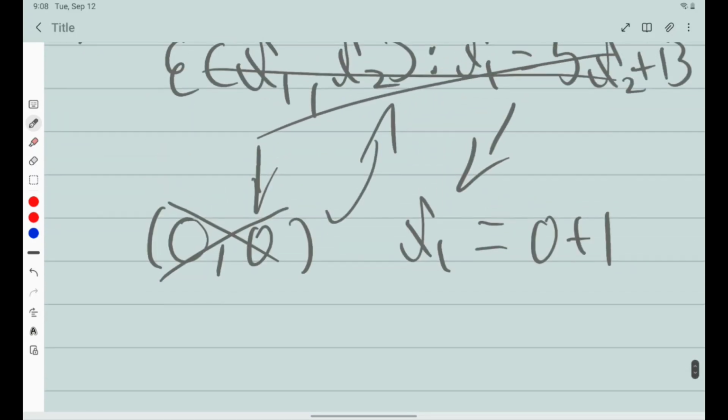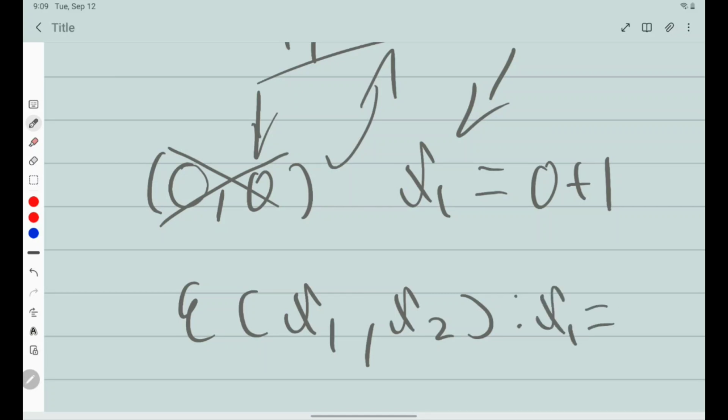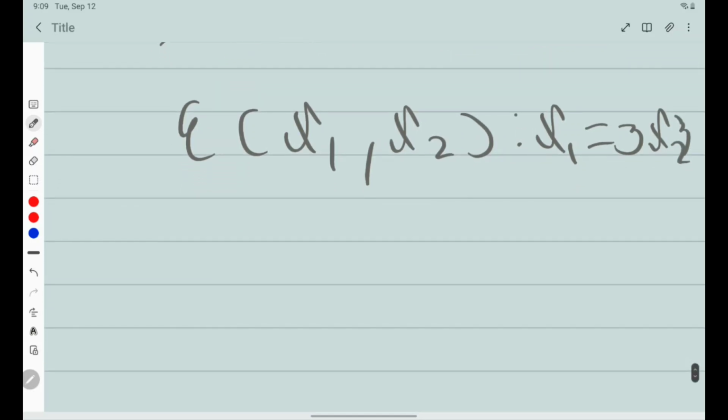All right, let's take the same thing, but instead we'll change the conditions that restrict some elements in the subset. So I'll take a list. We're going to say that x1 is always equal to 3 times x2. Let's take our identity vector and see if this is possible.